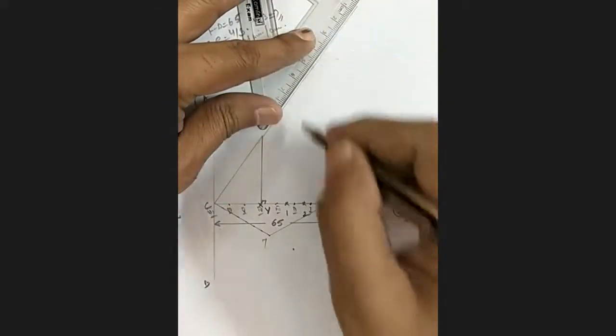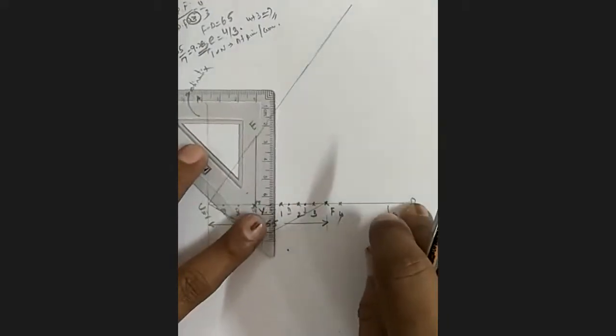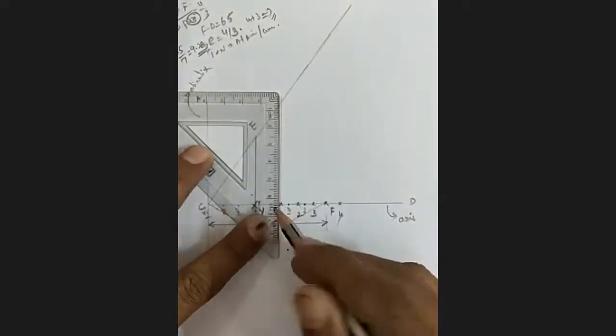Before the vertex 2, 3 points. After the focus 1 point or 2 point. Draw a perpendicular line, same procedure.